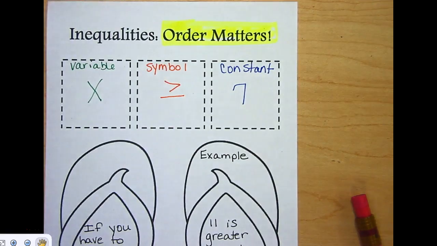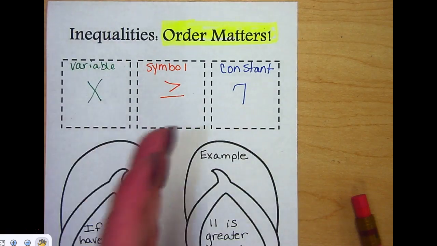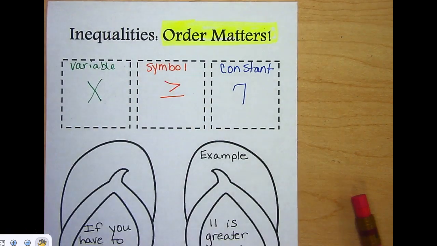So it must be reported as the variable, the symbol, the constant. You cannot change it, though, until after you've solved the problem.